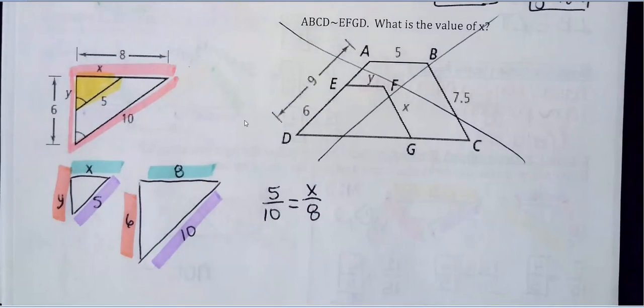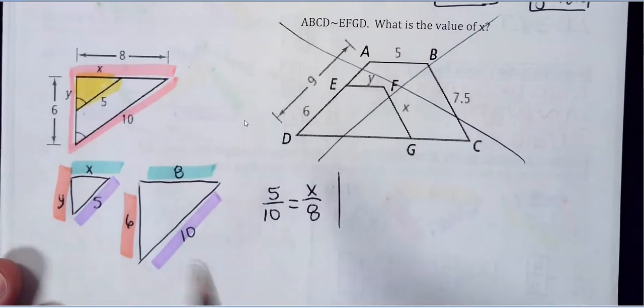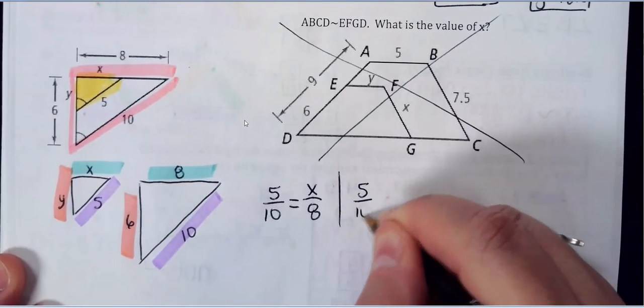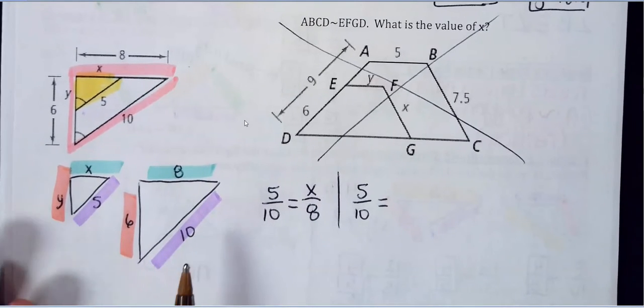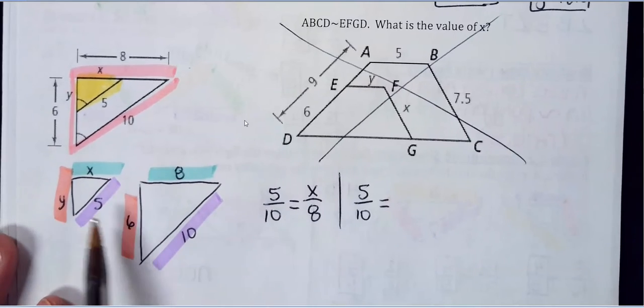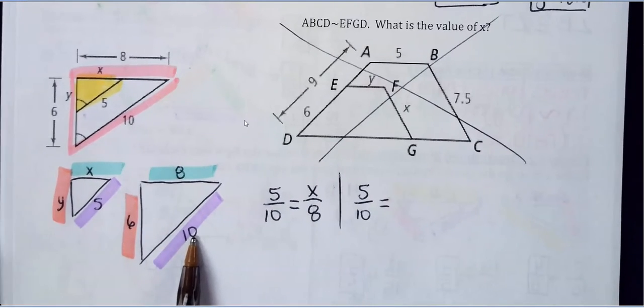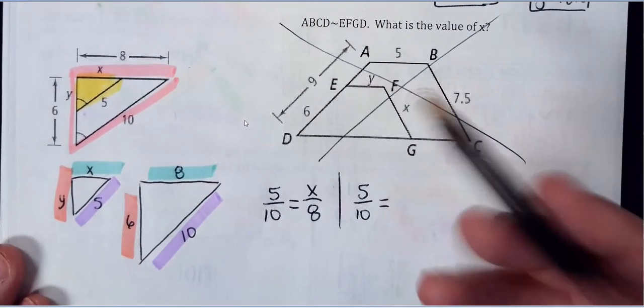The bottom numbers both come out of the larger triangle. To find Y, I would use that 5 over 10 again. All the sides have to be in proportion, so these would have to reduce to the same thing if we were checking for similarity ratio, or they have to be equal to each other like this if we're trying to find a variable. So if I do 5 over 10 for Y, I would have to do Y over 6.